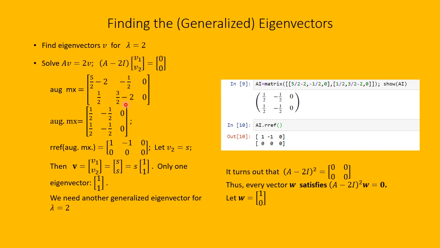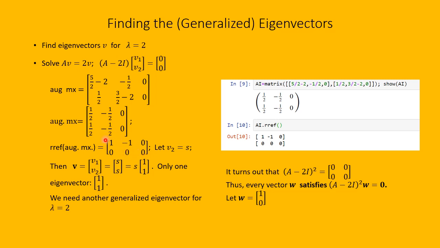As an augmented matrix, this part is A minus 2I, augmented with a column of zeros. When you do the arithmetic, we get this augmented matrix. Taking the reduced row echelon form, we get 1, -1, 0, and at the bottom a row of zeros.